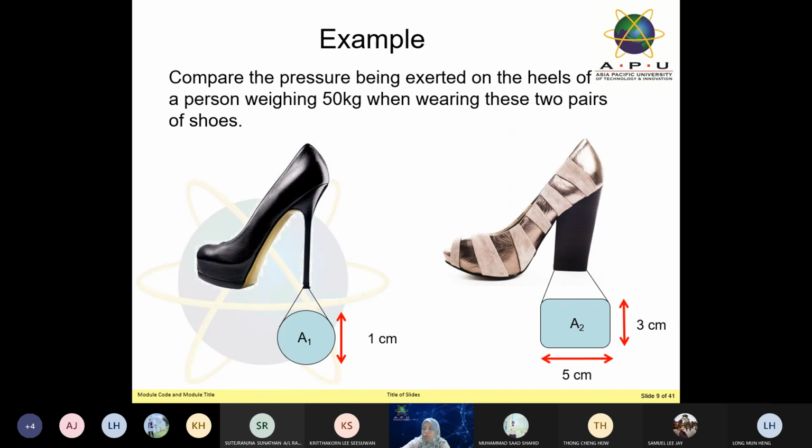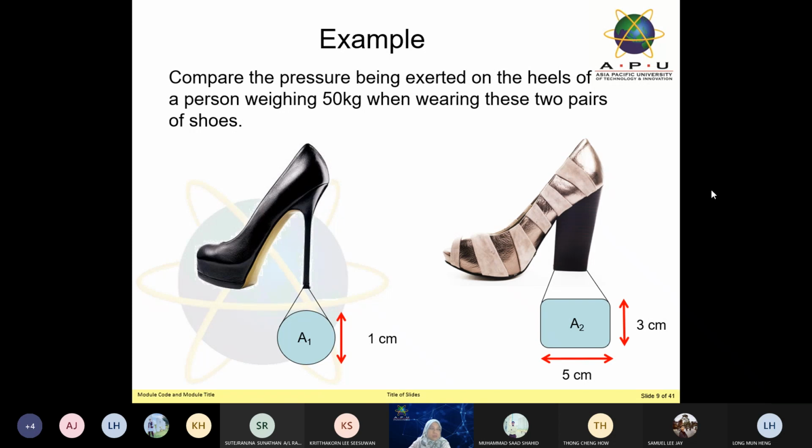Okay, now we go to another example which is more interesting. Why interesting? Because it involves the shoe of a girl. So compare the pressure being exerted on the heels of a person weighing 50 kilogram when wearing these two pairs of shoes. Okay, when you need to compare, you need to calculate the pressure for each.